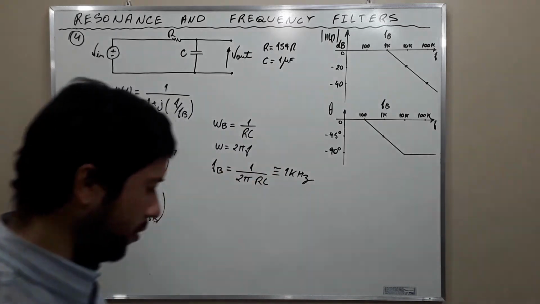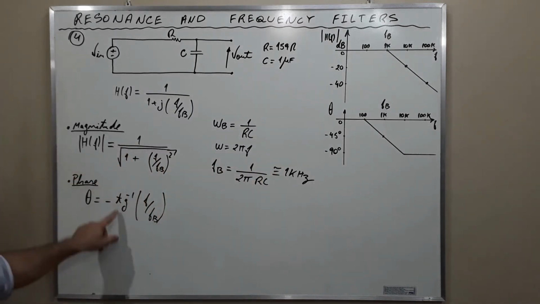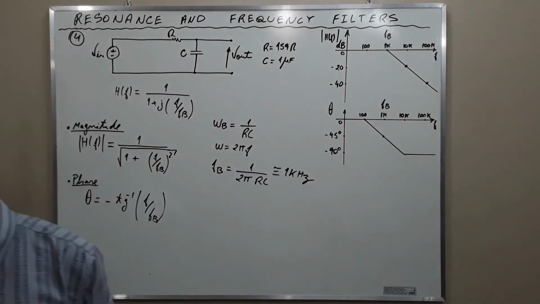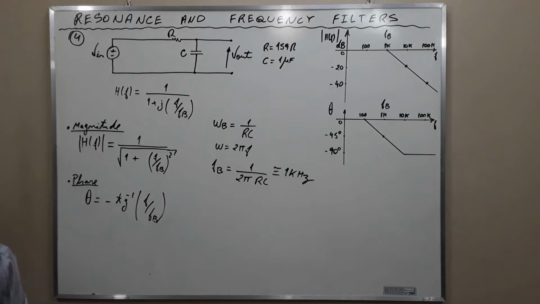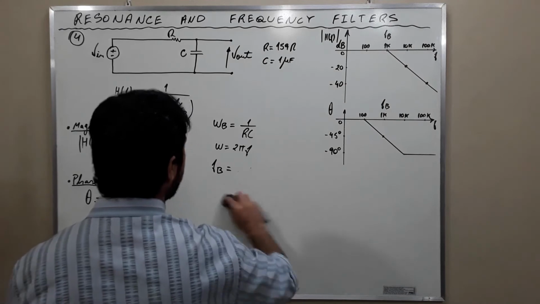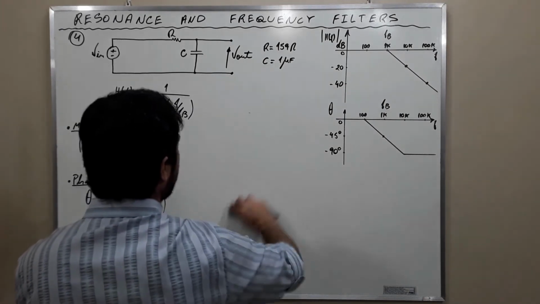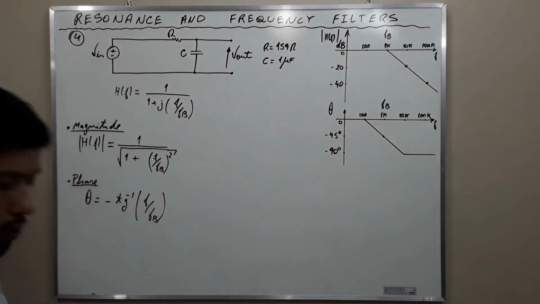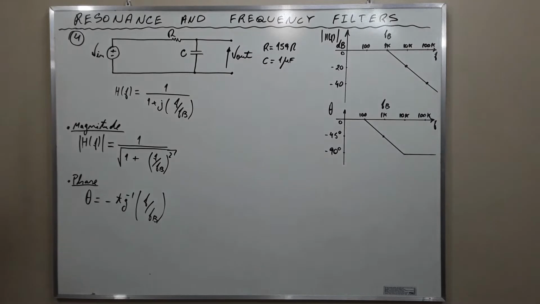Now let's work on the Bode plots. We are going to use this and this to sketch this, okay? The circuit will act as a low-pass filter, attenuating frequencies above 1 kilohertz.